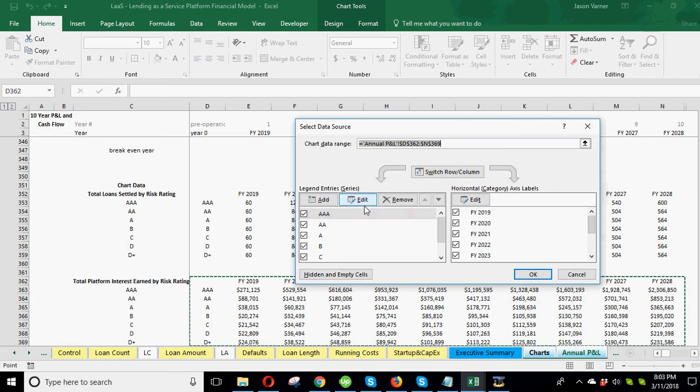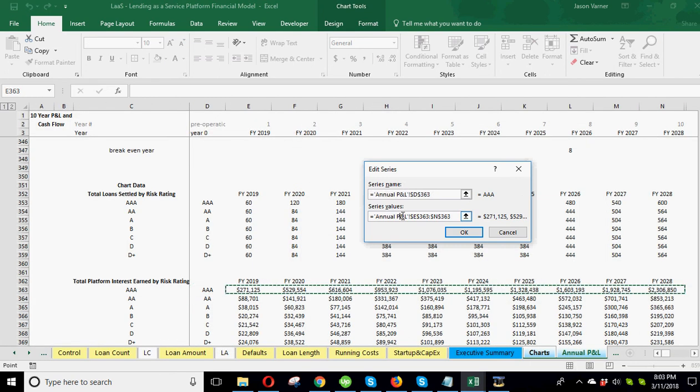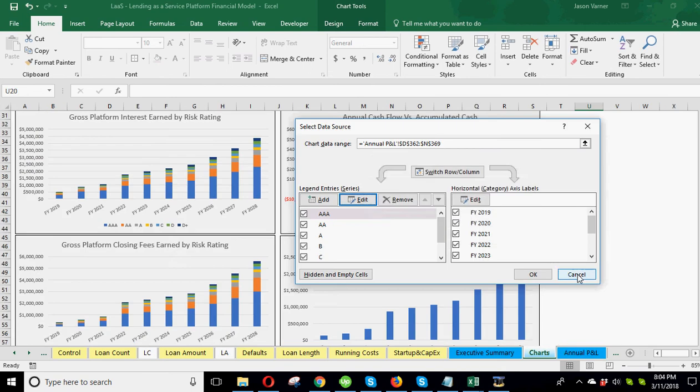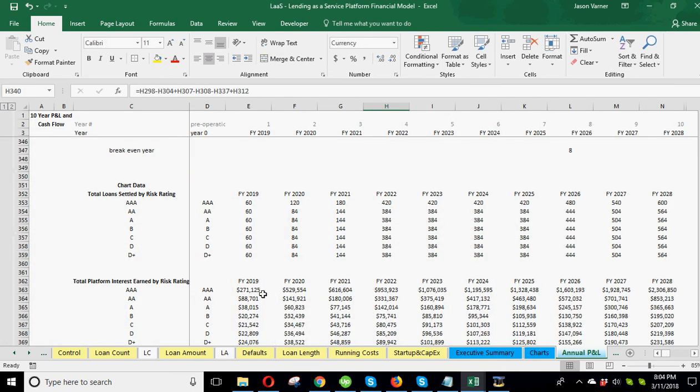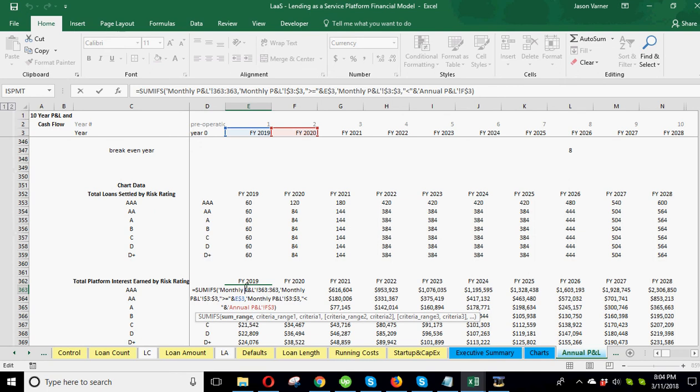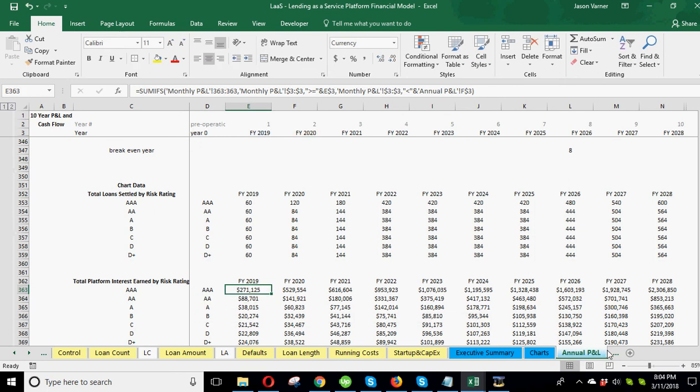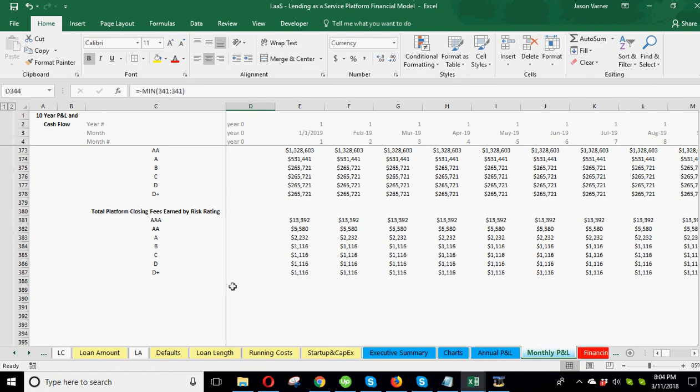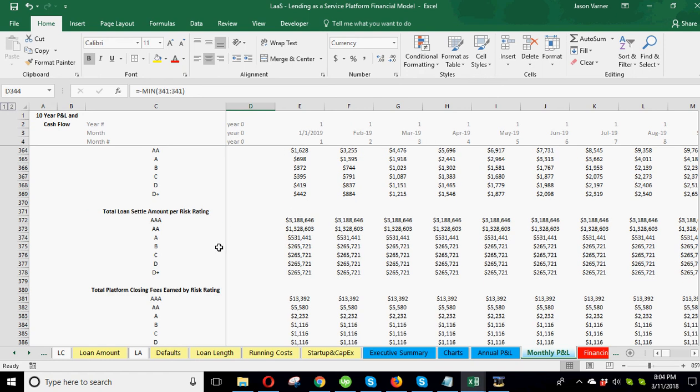Let me double check. Platform interest earned by risk rating. So this one, risk rating, let's go to monthly. This figure here.